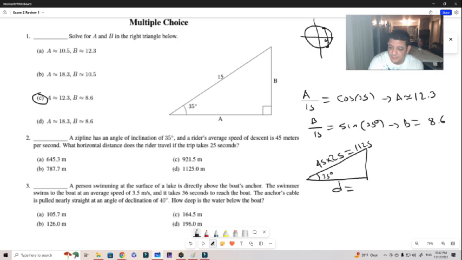So this distance here is going to be 1,125 times the cosine of 35 degrees. Remember, the adjacent to the angle is going to use the cosine, and we have the hypotenuse, so we can find out the distance with that. So if we actually compute what this is, we're going to find out that this is 921.5.